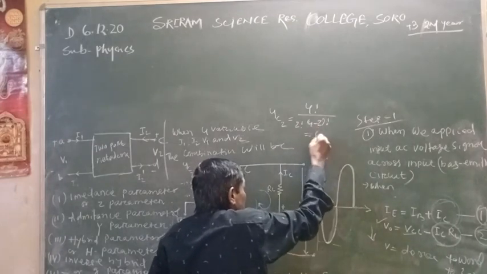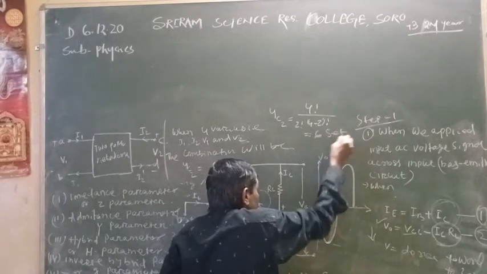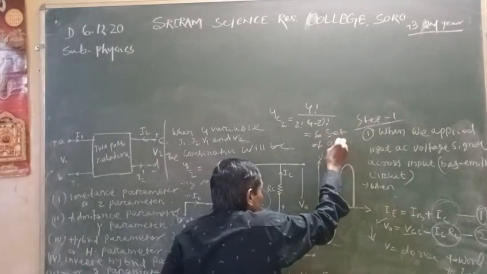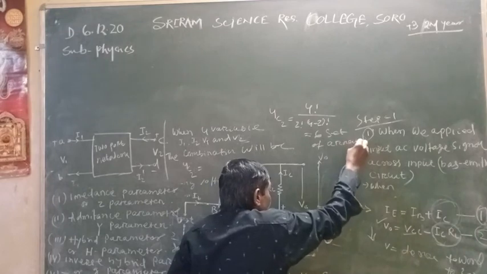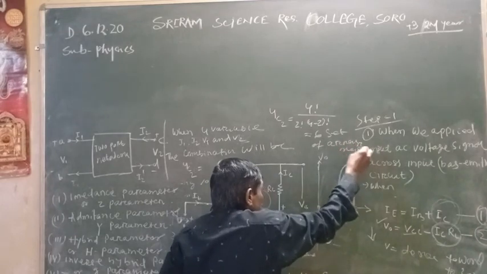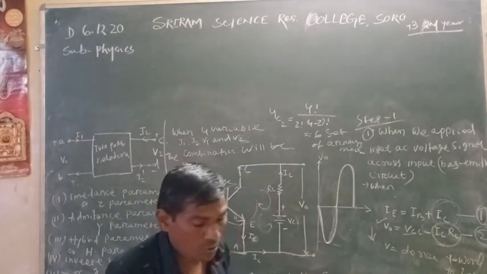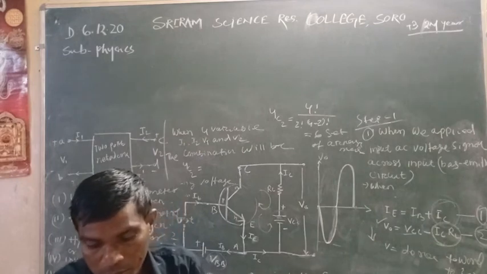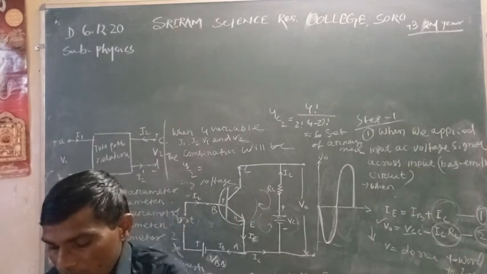Now this is the sixth set of arrangement. This is your two-port network.